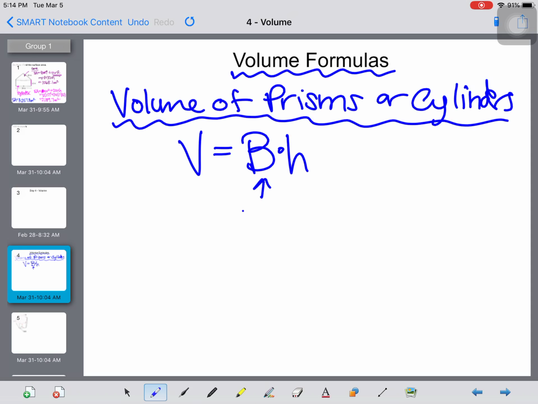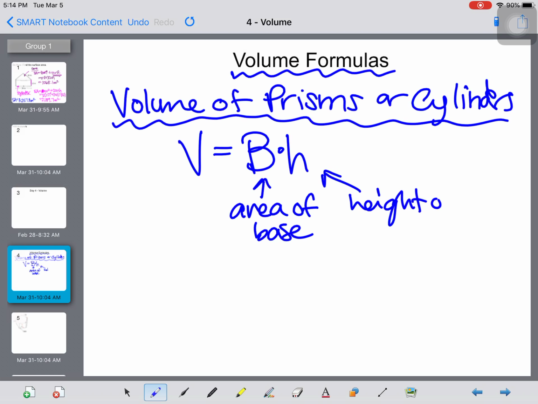This big B is the area of your base. So whatever shape your base is, you're going to find the area of it. The fact that it is capitalized means that I need to do something to get that number, so I need a formula to plug into. The h is the height of your prism.